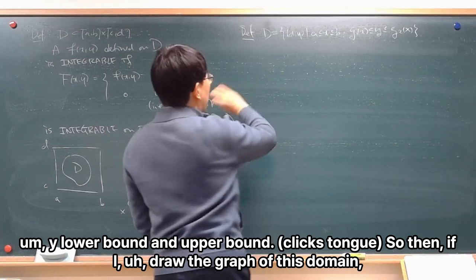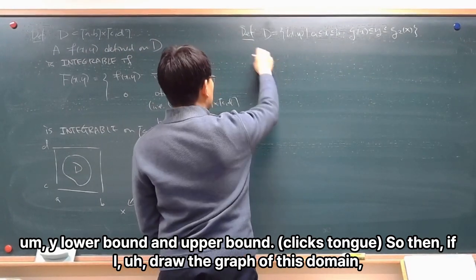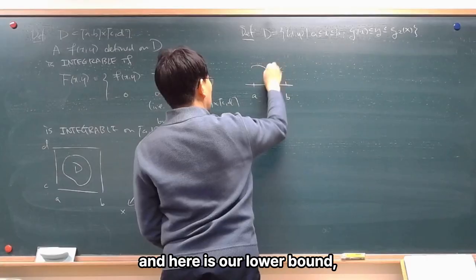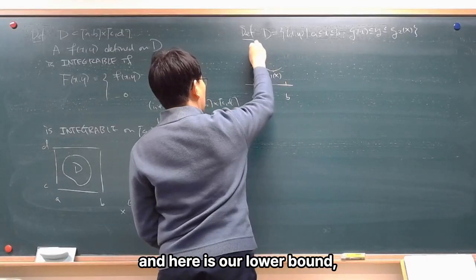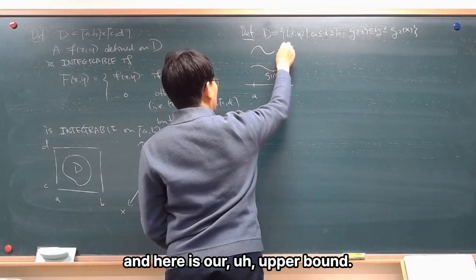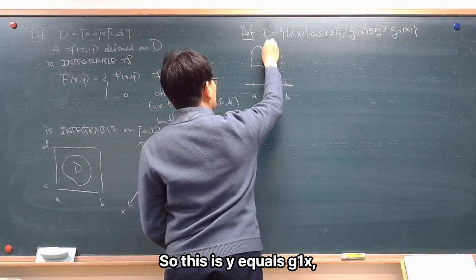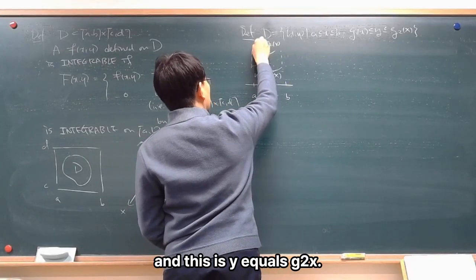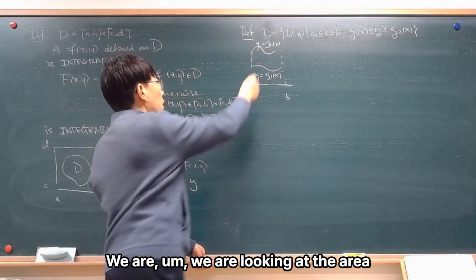So if I draw the graph of this domain, it looks like this: a to b, here is our lower bound, and here is our upper bound. So this is y equals g1(x), and this is y equals g2(x).